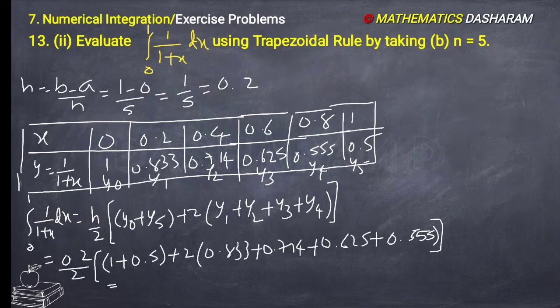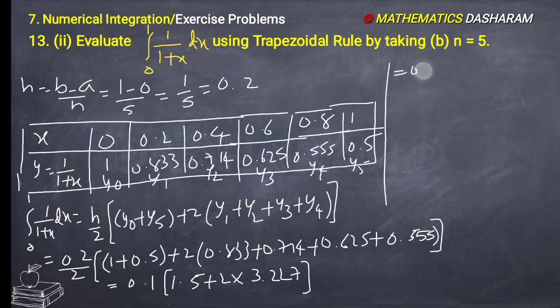So here 0.2 divided by 2 is 0.1 and 1 plus 0.5 is 1.5 plus 2 into addition of these decimal numbers is 3.227. So it is equals to 0.1 bracket of 1.5 plus 2 into 3.227 is 6.454.